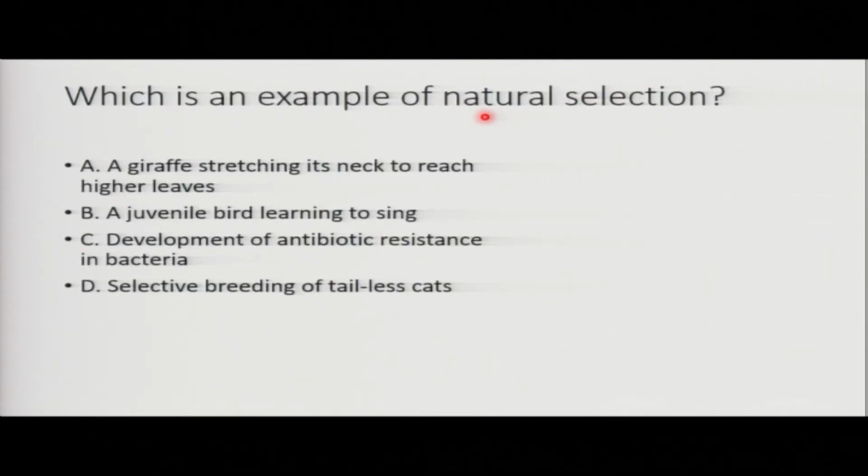To the other number, an example of natural selection. What is an example of natural selection? So we now have to start thinking, okay, nature chooses organisms that are suited. Just suited to live in that environment, or most suited, most adapted?